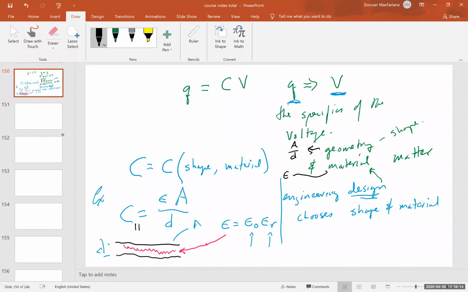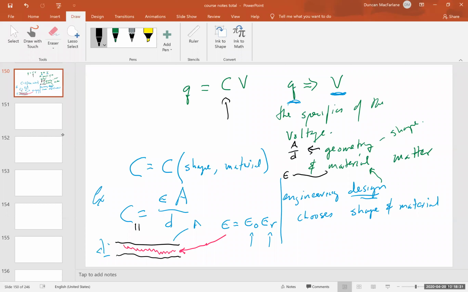So there's nothing else in this capacitor, in this structure, or in this number C, except for the geometry and the material.